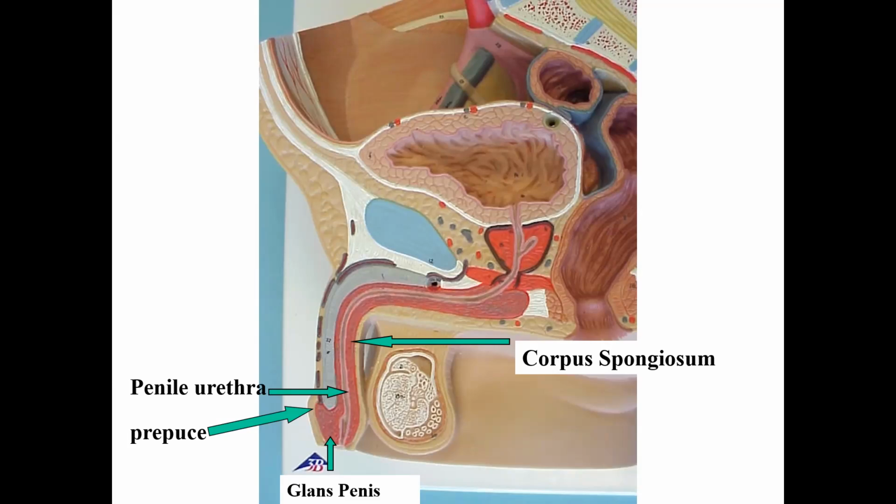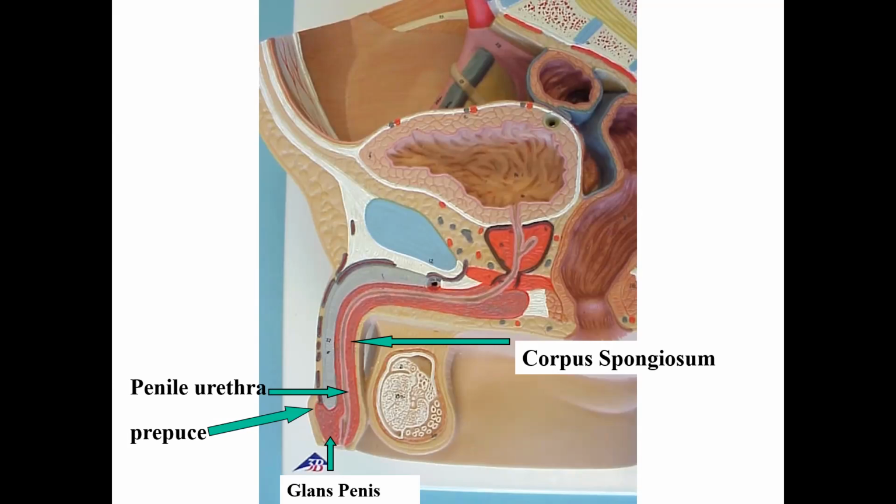It's like a sponge, essentially. That's why they call it spongiosum. At the same time, the veins will become compressed. The end result is that when the male becomes sexually aroused, more blood is coming into the penis than is leaving, and as it fills up the spaces, it causes an erection.